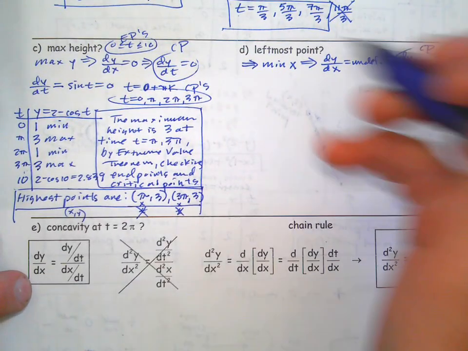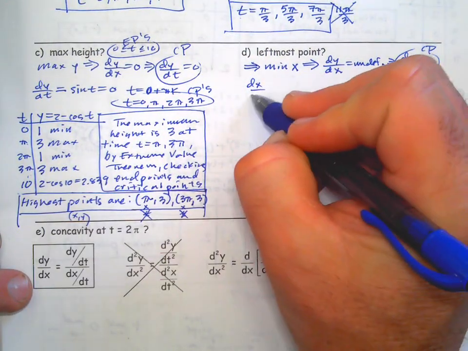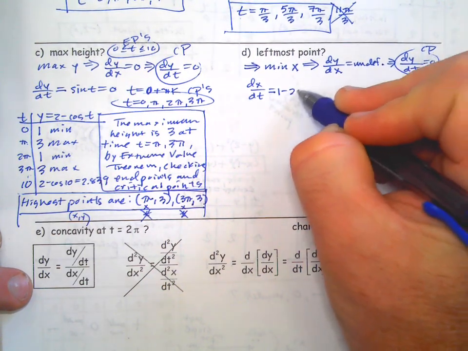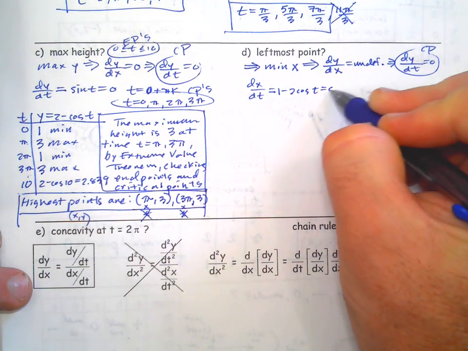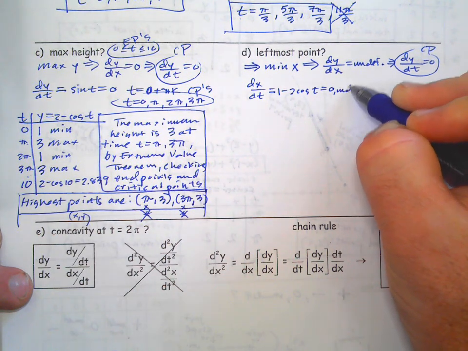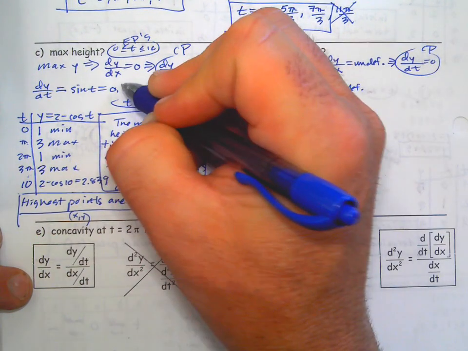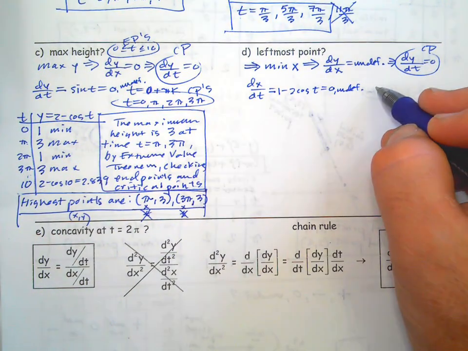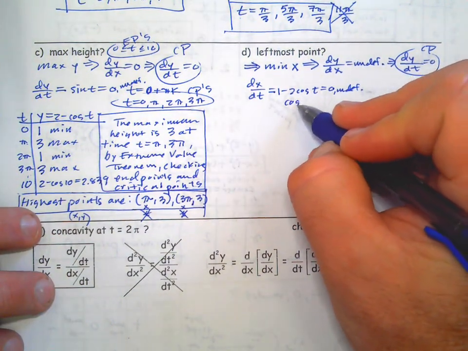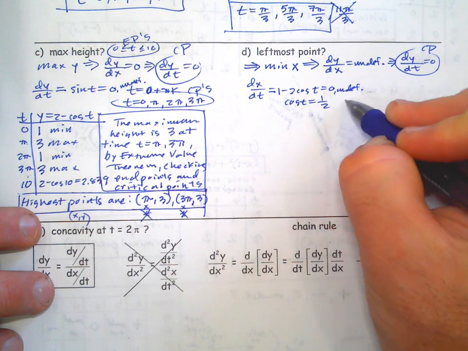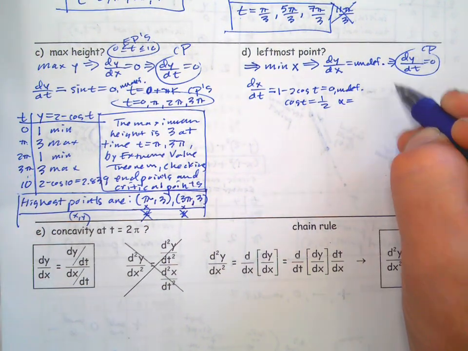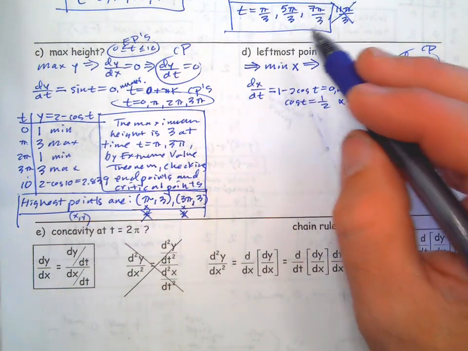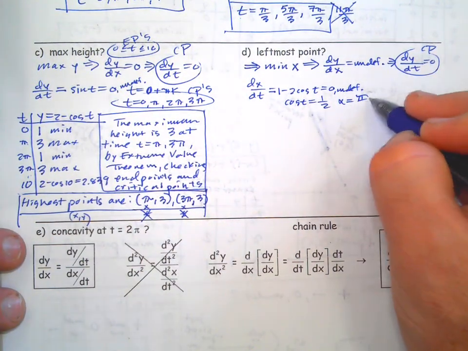So we're going to do similar work. We're going to find dx/dt, which equals 1 minus 2 cosine t equals 0. We're undefined for critical points. So we're going to solve it. Cosine t equals positive 1/2. Reference angle is pi over 3.